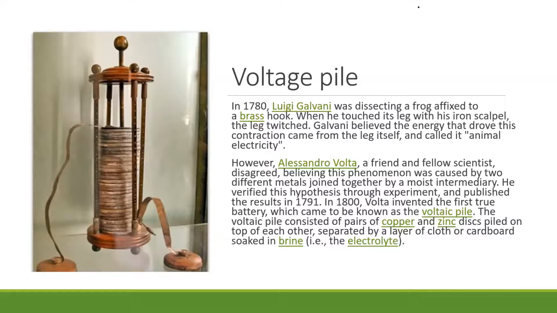So in 1780, Luigi Galvani was dissecting a frog, and he had fixed this frog down with some brass hooks. And he had an iron scalpel, probably because he didn't have a steel scalpel, same sort of thing. He touched one of the legs, and he noticed that the leg of the frog twitched.